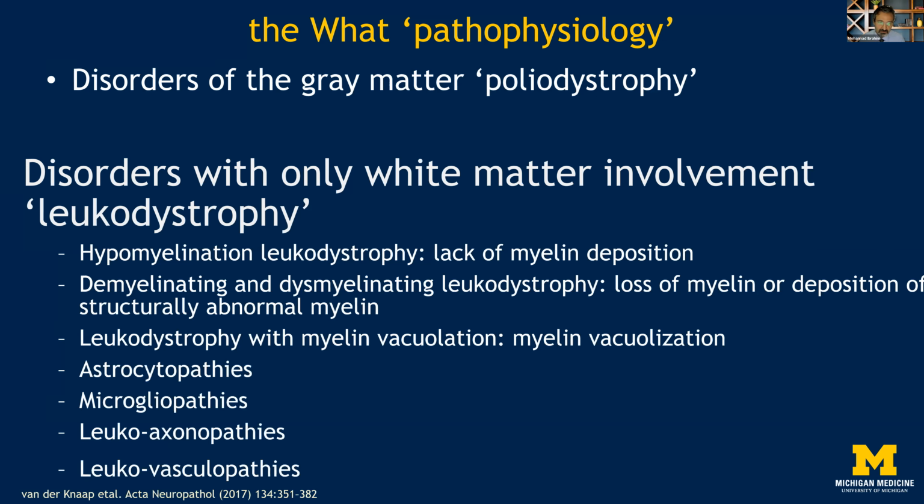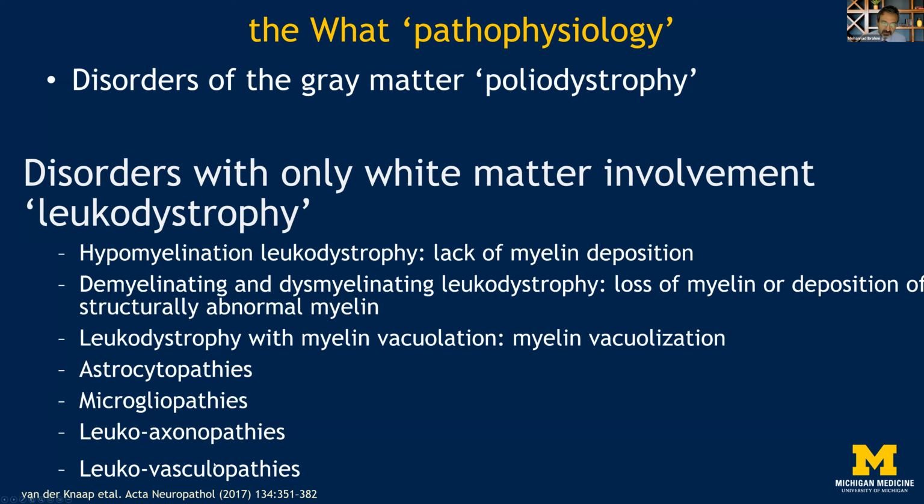A recent article from Van der Knaap in 2017 added several other pathways for these disorders. This can affect any component within the white matter. It can affect the astrocytes, resulting in what are known as the astrocytopathies. It can affect the microglia within the white matter, resulting in the microgliopathies, or it can affect the axons in what is known as leukoaxonopathies.